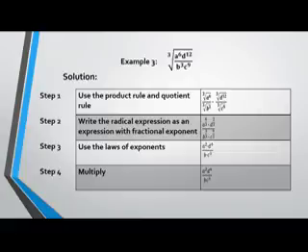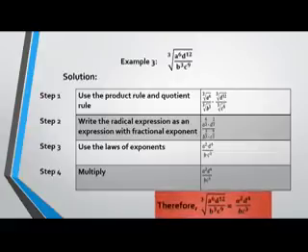So this will become a raised to the power of 2 times d raised to the power of 4 all over b times c cubed. Then we multiply to get our final answer, which is a squared d4 over b c cubed. Therefore, the cube root of a6 d12 all over b cubed c9 is just equal to a squared d4 all over b c cubed.